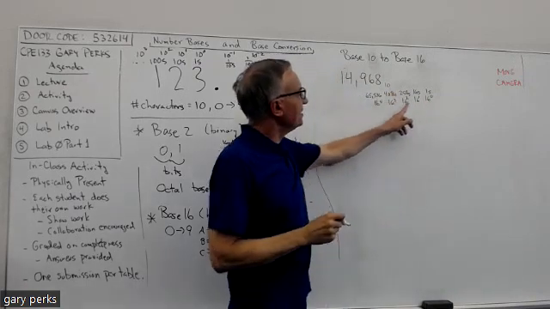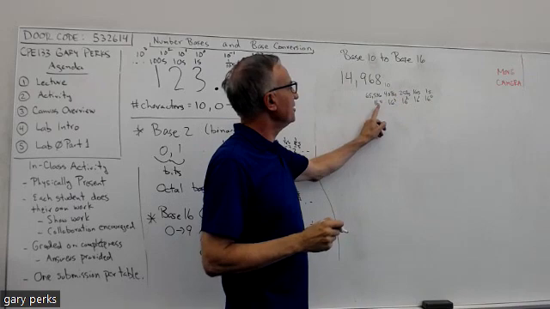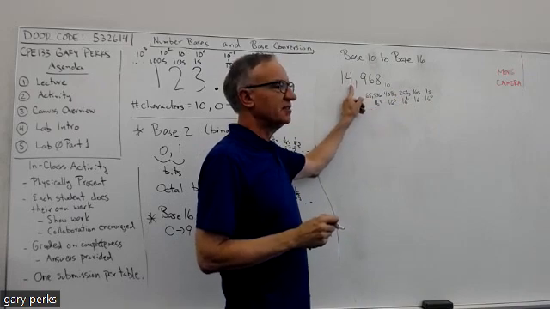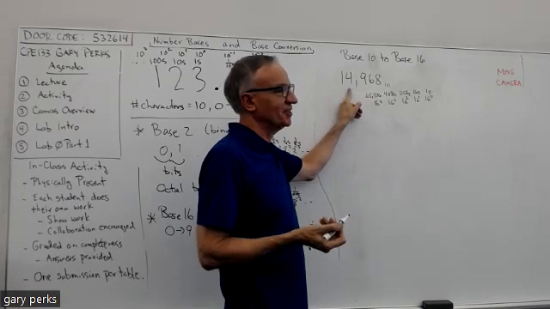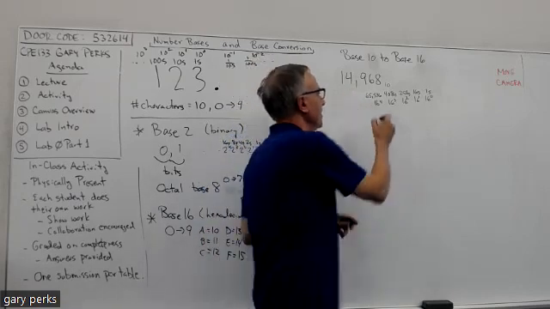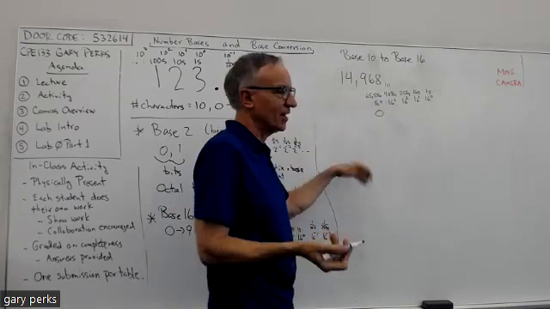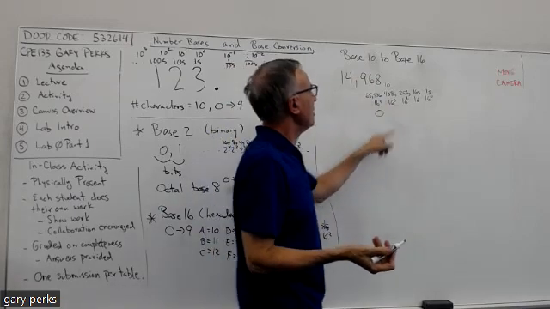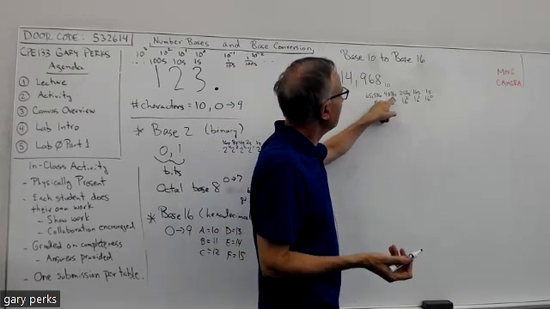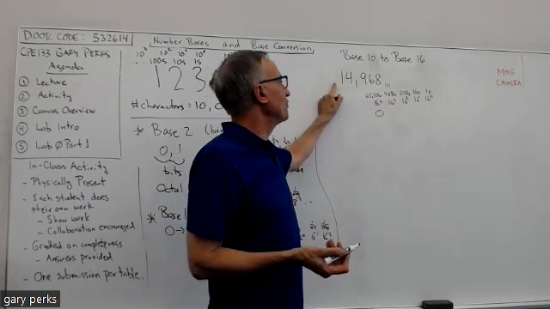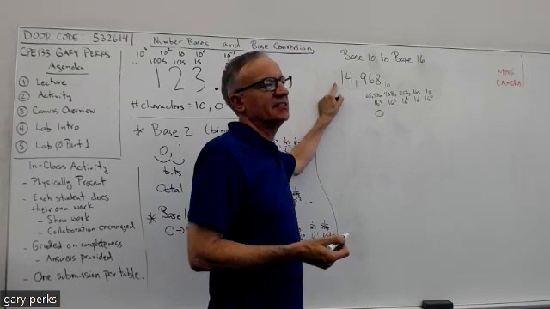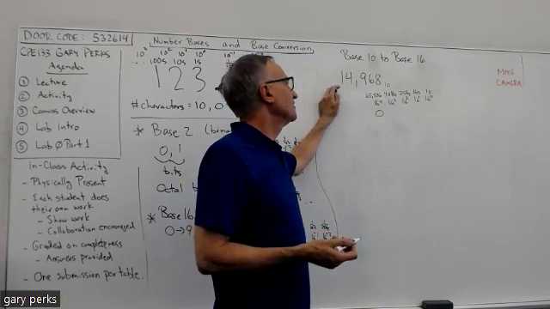Okay, so again, you write out these columns until you get to a number that's more than the number you're trying to convert, right? Because there's no 65,536 in 14,968, of course. So that would just be a 0, so we don't even have to write it. Okay, but now we have to determine how many 4,096s are in 14,968. So how are we going to do that?